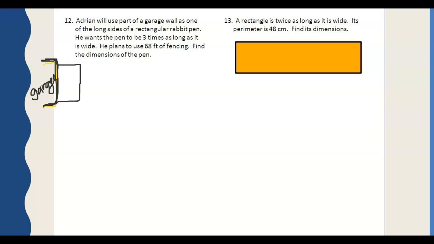So it means he wants the pen to be long and narrow. So 3 times as long as it is wide would mean that the length is 3W.